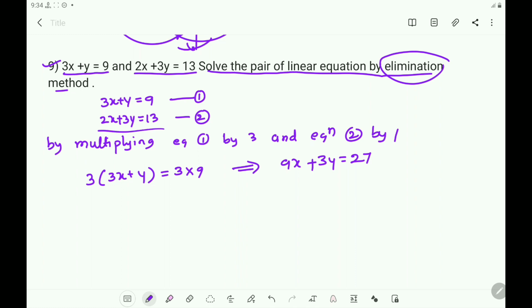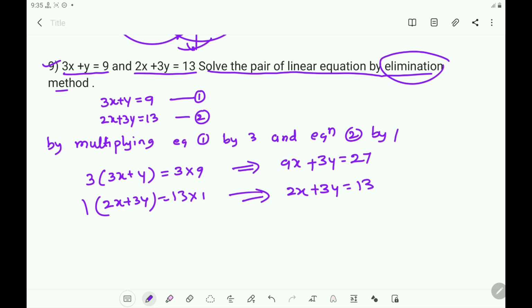Then this equation 2x plus 3y equals 13, that is multiplied by 1, means it remains as it is. That is 2x plus 3y equals 13.